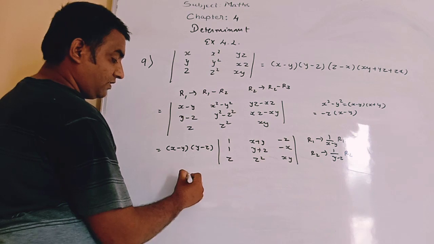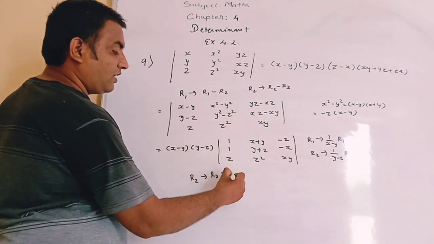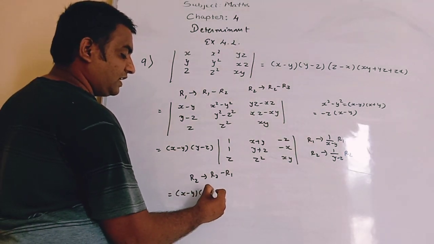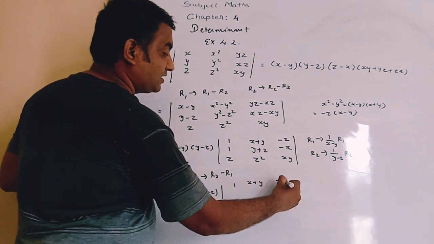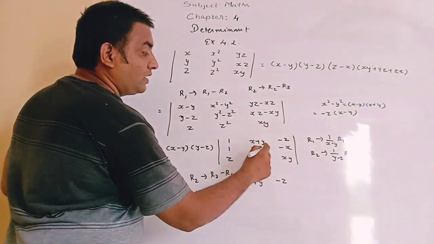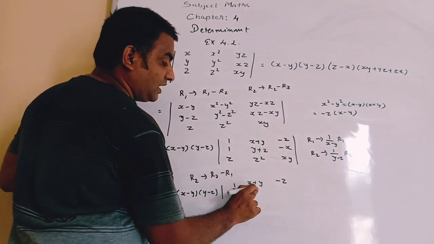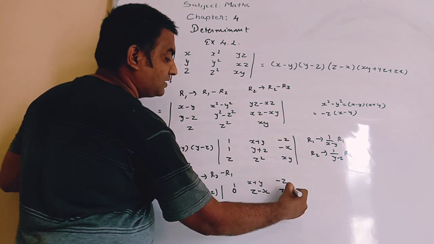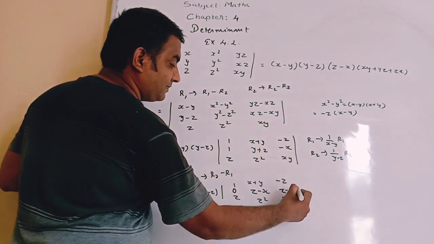And so here we apply R2 transform into R2 minus R1, then it will be x minus y, y minus z, and here 1, x plus y, minus z as it is. Here 0, y plus z minus x minus y, so it is y minus z minus x minus minus, so it is z minus x, z square, xy.